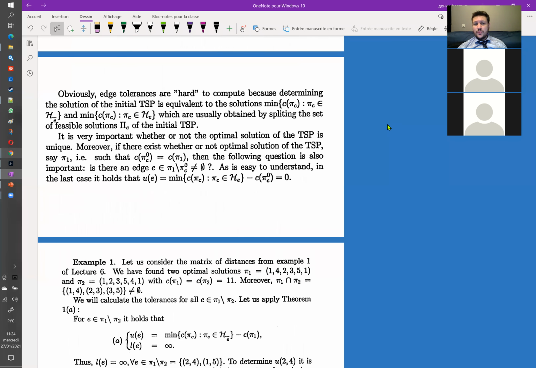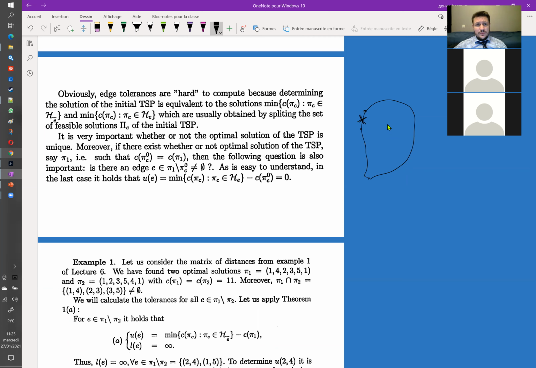Another problem is, as I have said, what if the solution is not unique? For example, you have a Hamiltonian cycle, like here, and you understand that this edge is not allowed now. The first idea is just to say that everything should change, and we lose something because we have one problem.